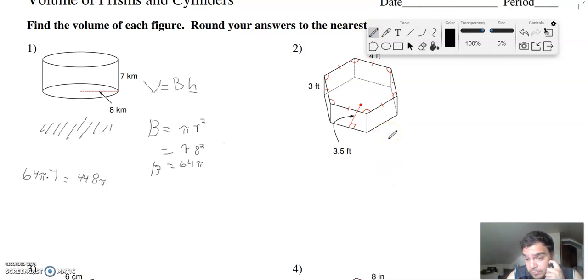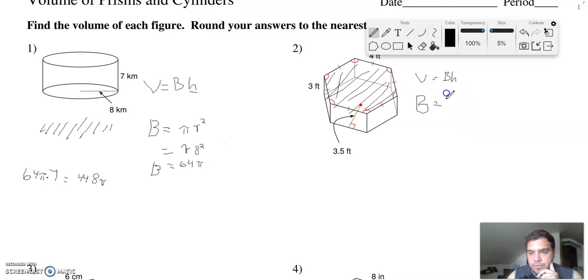In number two, you have three numbers and you're trying to figure out what it is. Again, the volume is the base times the height. We're still trying to figure out that big base. The big base here is this shape, on the top or the bottom, it doesn't really matter. I'm going to color in the top. The face of this prism is a hexagon, a regular polygon.